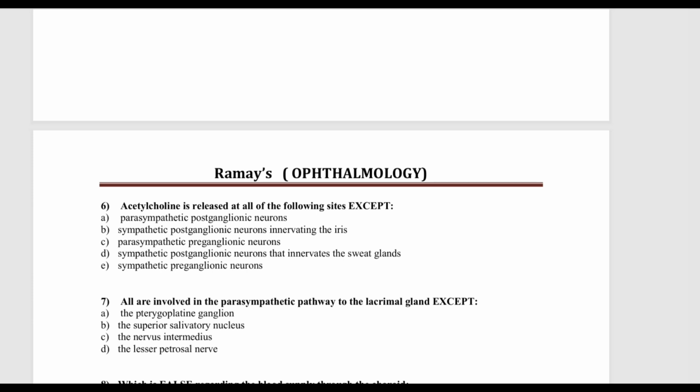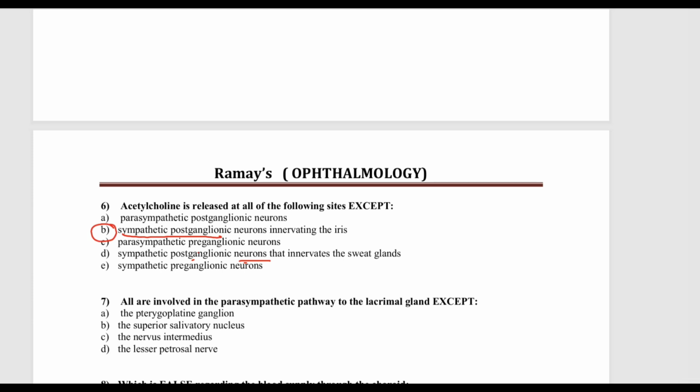The options are parasympathetic postganglionic neurons, sympathetic postganglionic neurons innervating the iris, parasympathetic preganglionic neurons, sympathetic preganglionic neurons that innervate the sweat glands, and sympathetic preganglionic neurons. So the option here is sympathetic postganglionic neurons innervating the iris.